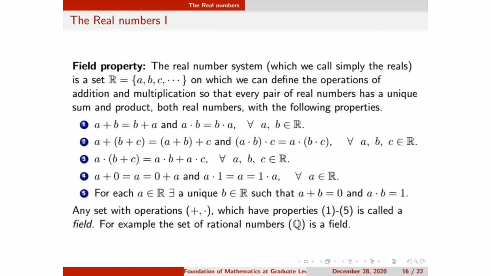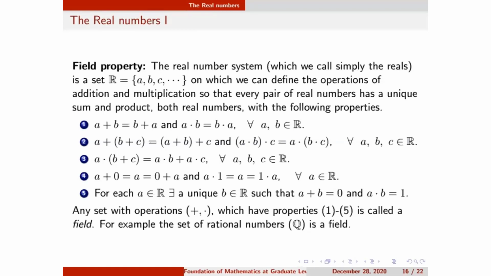Any set with these two operations, plus and dot, that satisfies these five properties, I'll call that set a field. The set of rational numbers is also a field. The set of rational numbers also satisfies these properties. And you can ask me why the set of natural numbers is not a field.